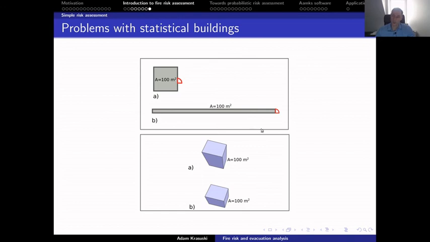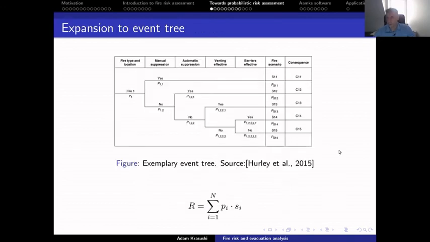One of the approaches you already know from previous lectures is the expansion of the risk calculation to an event tree. So instead of looking at our building as some geometry and trying to find similarities with previous buildings regarding the type, the floor area, the height of the building, and so on, let's look at our building with another approach.